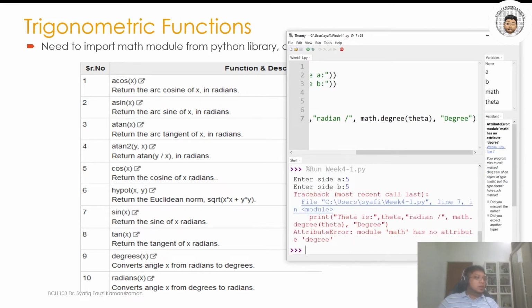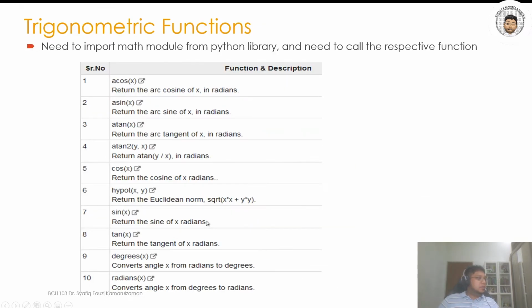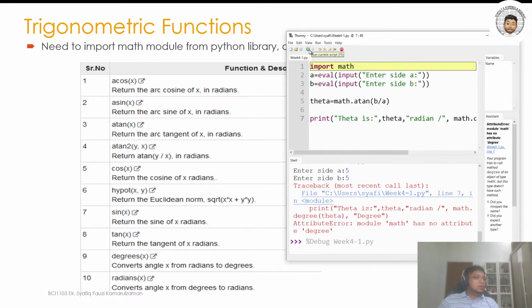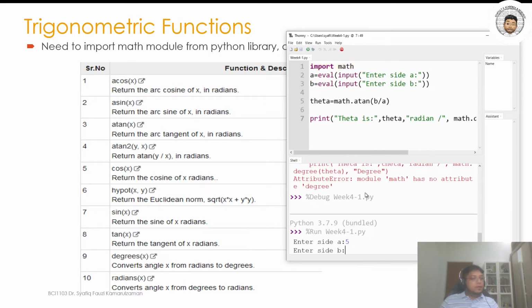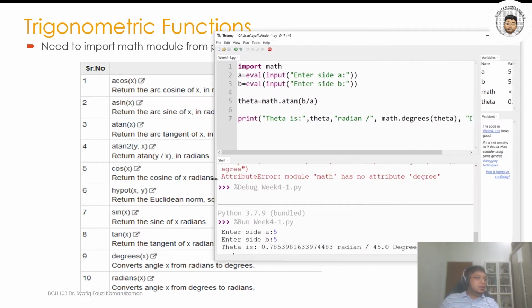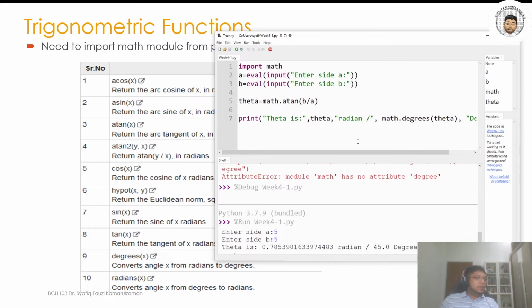Oops, I did it wrong. Degrees, we have x. So A is 5, B is 5, and then you got theta is this radian, or 45 degrees. So you got the answer for this equation.